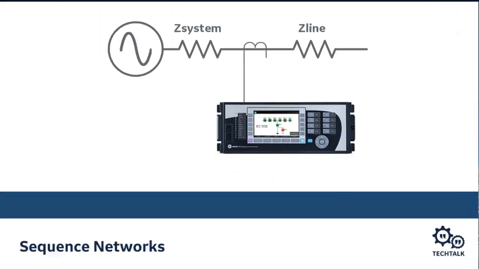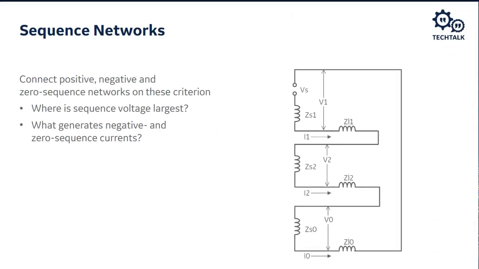So with that said, if I can have positive, negative, and zero sequence components of the power system, voltage and current, I can also have positive, negative, and zero sequence networks, right? And what I'm showing over here on the right, this graphic here, is the 3 sequence networks. At the very top, where I show V1, that's the positive sequence network.